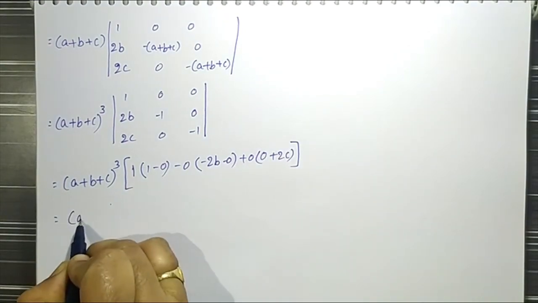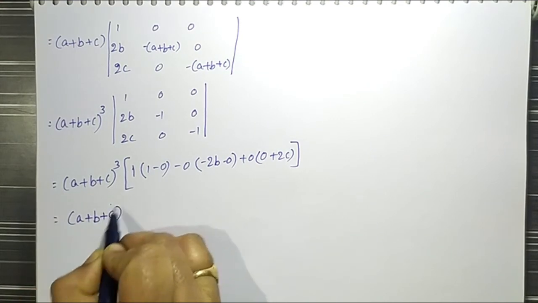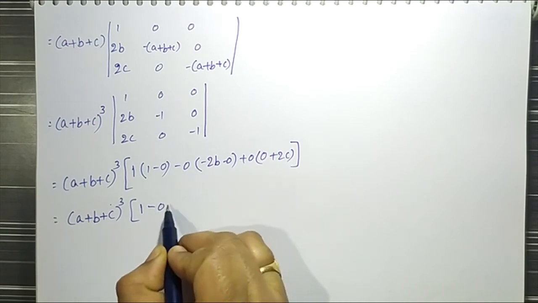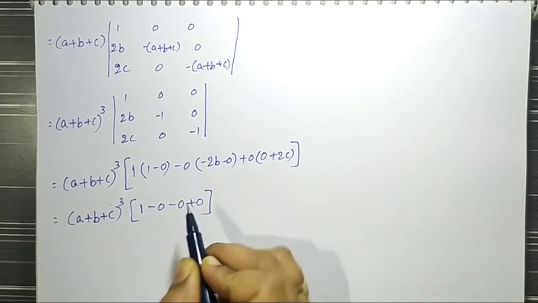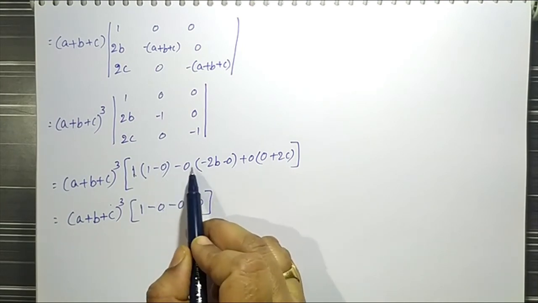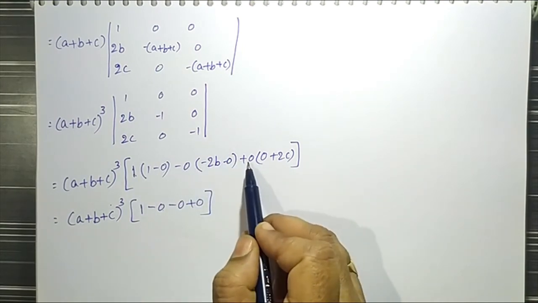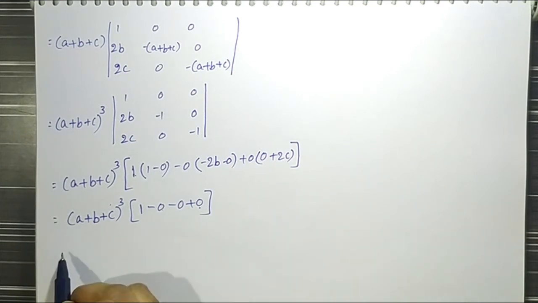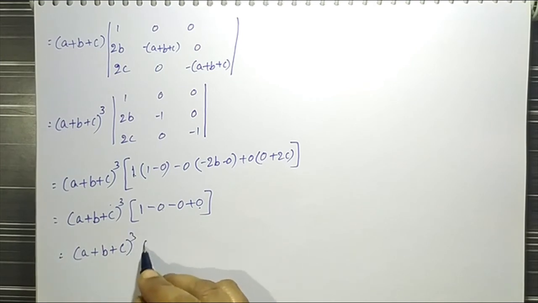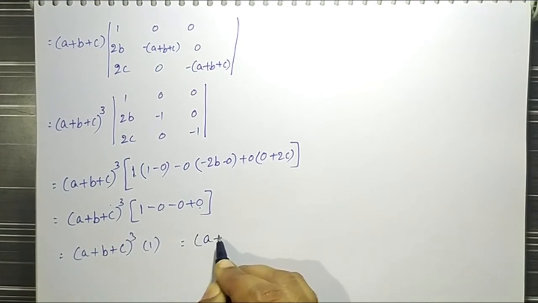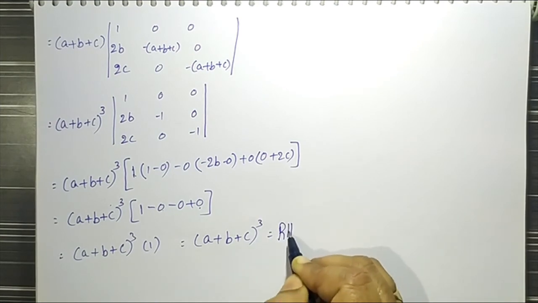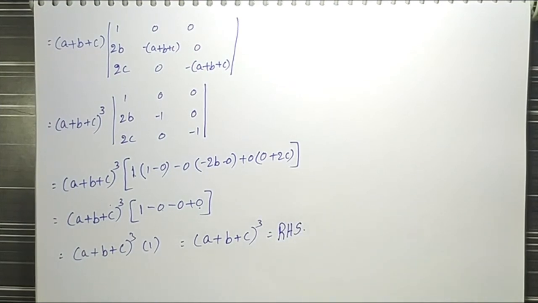That is equal to a plus b plus c whole cube into 1 minus 0 minus 0 plus 0. That is 1 into 1, 1 into 0, minus 0. 0 into anything is 0, minus 0, plus 0 into anything is 0. That is equal to a plus b plus c whole cube into 1, which is a plus b plus c whole cube. That is the RHS of the given problem.